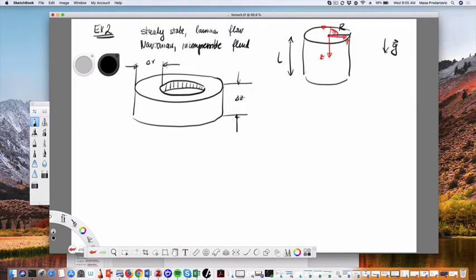Basically I'm going from z to z plus delta z, and from r to r plus delta r in terms of radii. And I'm sampling all thetas, so it doesn't matter how I slice this in theta. I'm not going to have theta dependence of this solution. And I'm assuming that my Vz is a function only of r.